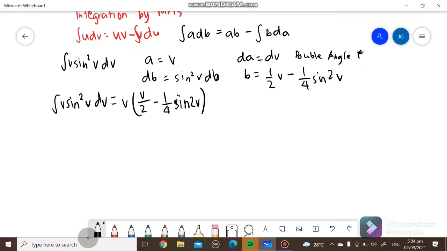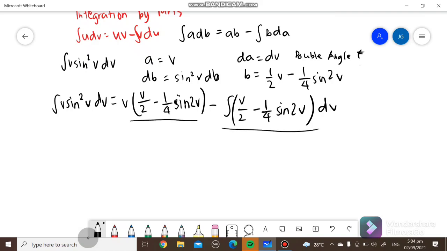Okay? So, minus the integral of b, which is v over 2 minus 1/4 sine 2v, multiplied by the dA, which is just dv. Okay, so ito, okay na to.